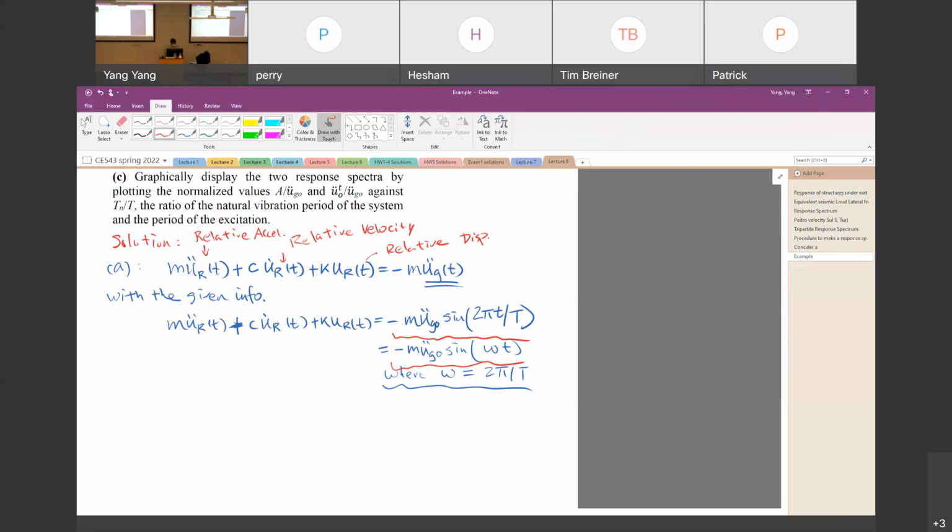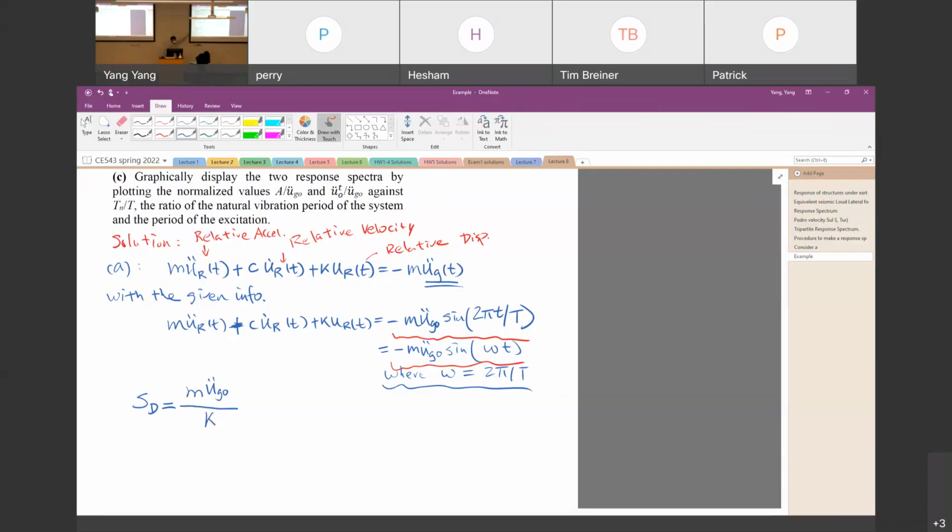If you have the textbook, then you should be able to find that equation. So the maximum displacement of the structure should be equal to the amplitude of the force over the stiffness of the system.